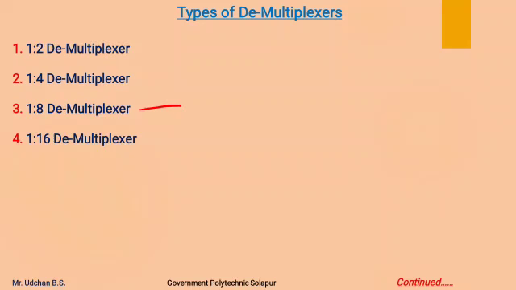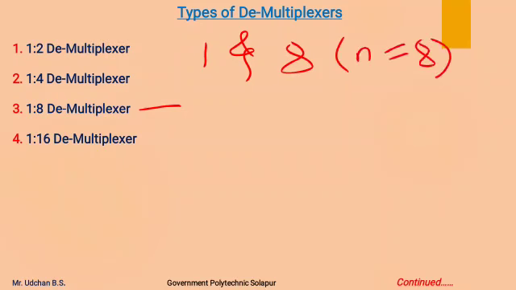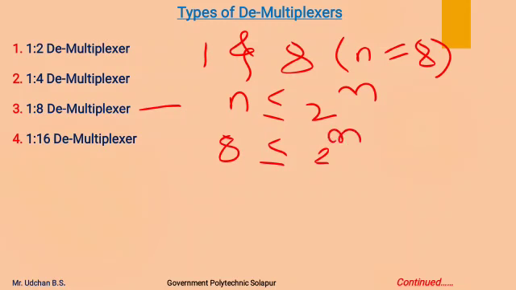Now next is the 1:8 demultiplexer, which again has a single input and 8 output lines. That is, here n is 8. Again we can find the number of select lines using the formula n is less than or equal to 2 raised to m. 8 is less than or equal to 2 raised to m.